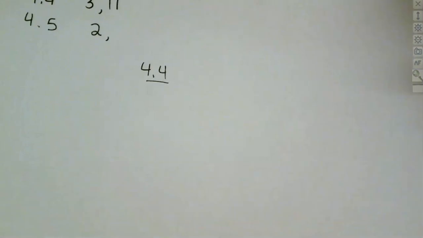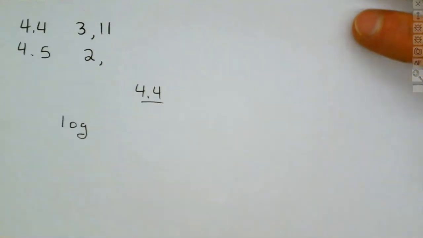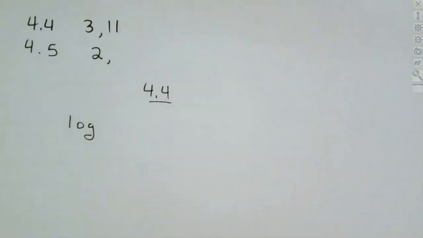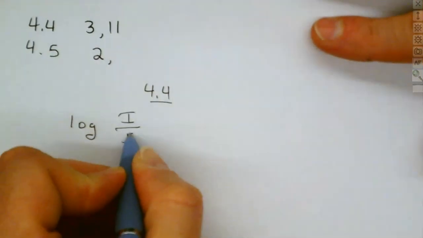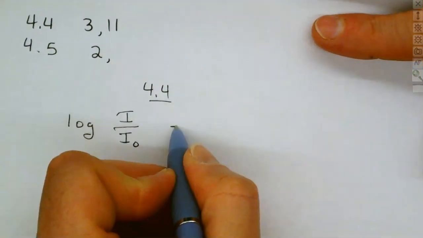So we're going to find our Richter scale measurement, and that is log. Now, I don't write the 10 because we understand that if there's no number there, it is base 10. So it's just a log of I over I naught.